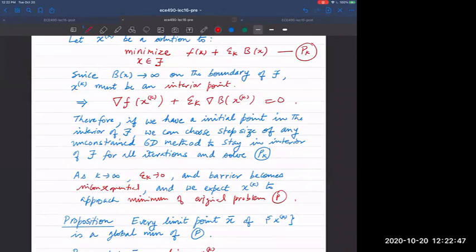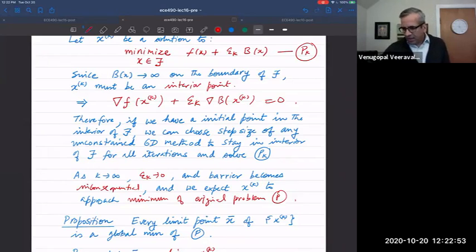Okay, thank you. So those projection methods are useful when the optimum solution might be on the boundary, right?